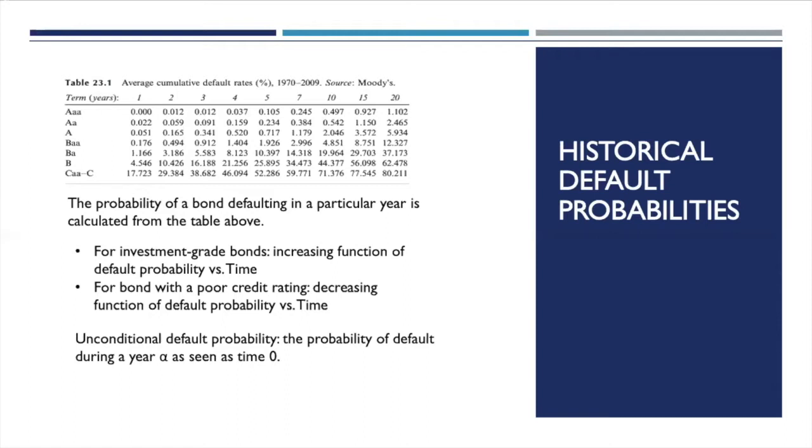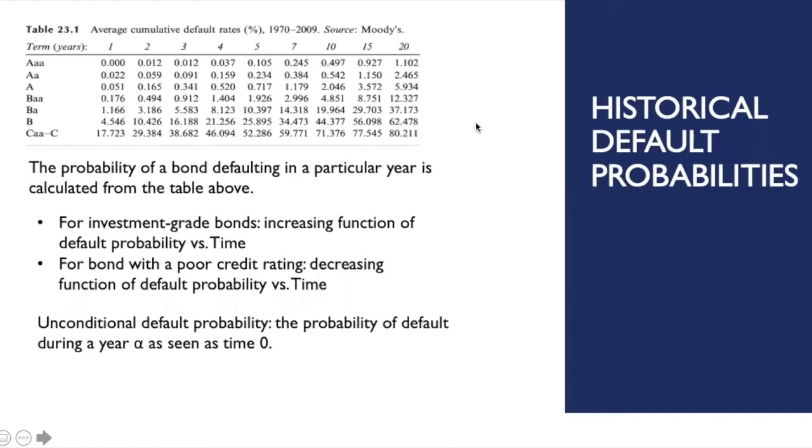Taking this into account, now we are going to talk about the hazard rates. From the table in the presentation, we can also calculate the probability of a bond defaulting.